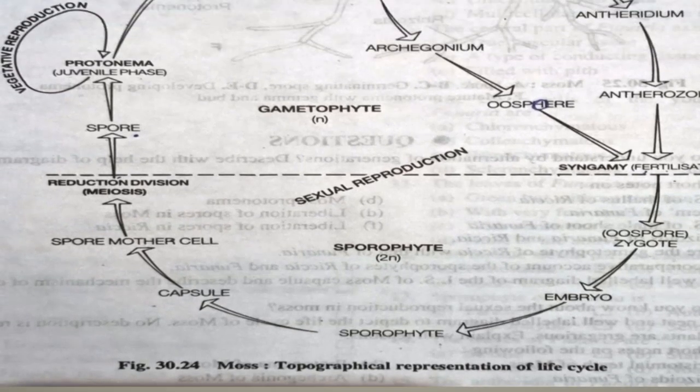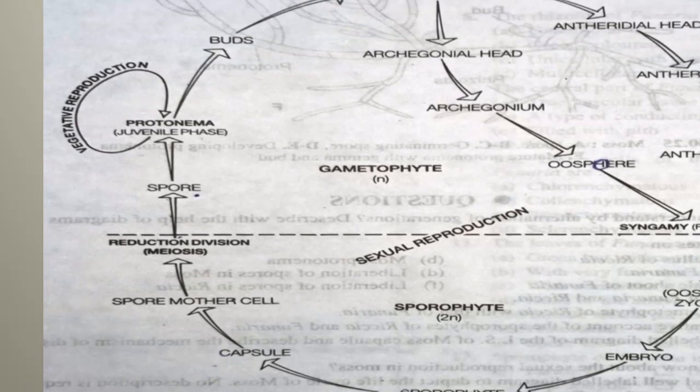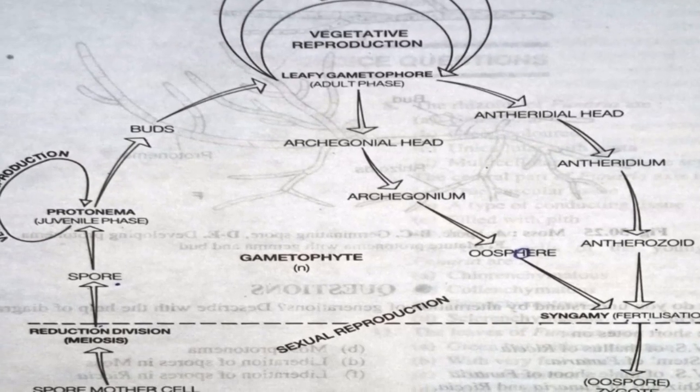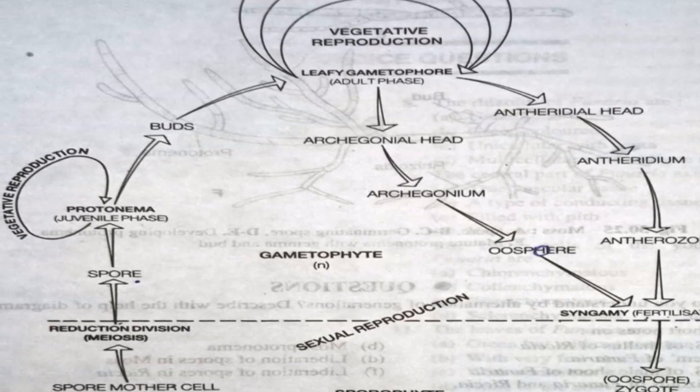The zygote ultimately divides to form a seta and a capsule-like structure, and in the capsule the spore mother cells divide meiotically to form spores. Here also you will see that the sporophyte is completely dependent on the female part of the gametophyte.